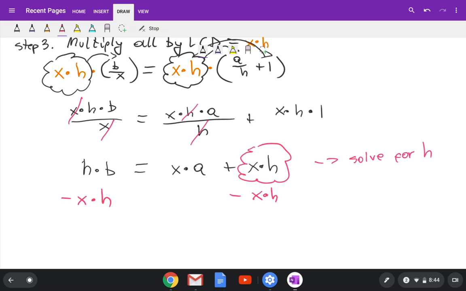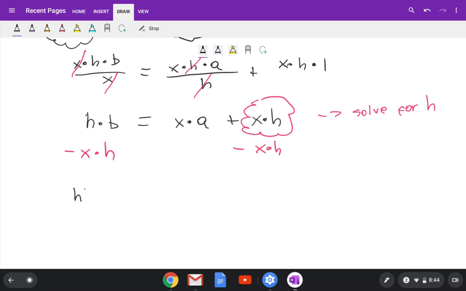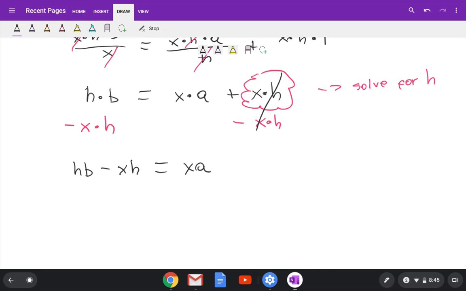Again, you have a product, so treat that as one expression. So we have hb minus xh equals xa. And again, solve for h. So what you need to do here is factor h out. So we're going to factor that h. And when you factor h, in the parentheses you put the leftovers, which is b minus x, equal to xa.